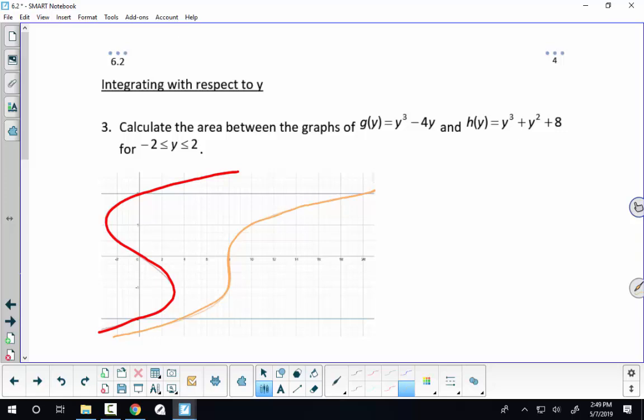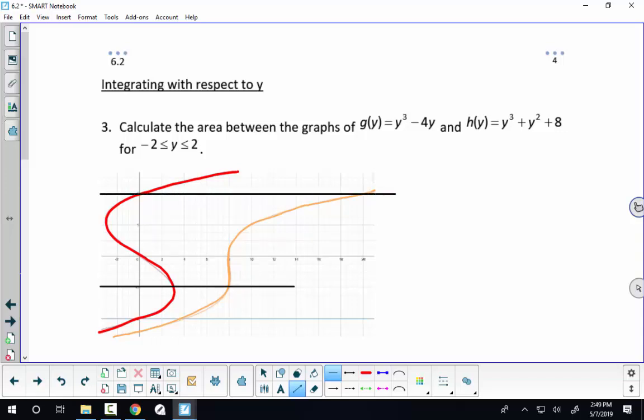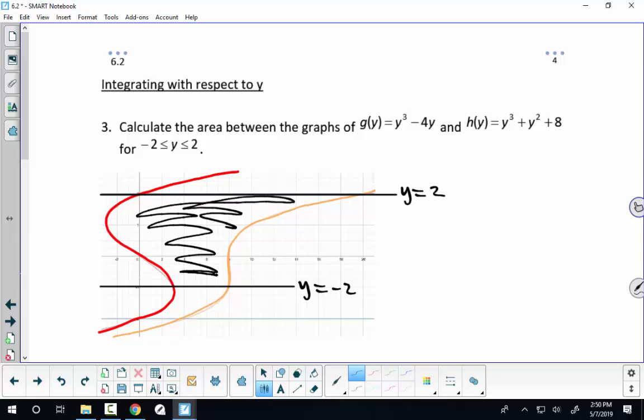And you might not be able to see that on your printout, but here's a y value of -2, and here's our y value of 2. So they've already given us the bounds. We're finding this area here, finding all of that area.